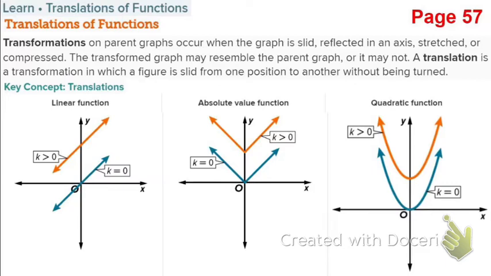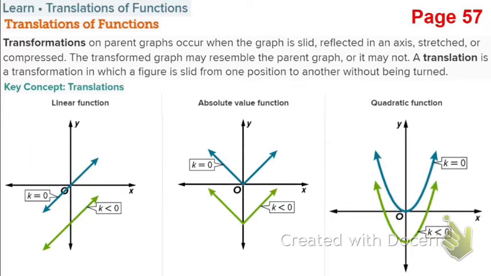If they have been shifted up, then our K value is going to be some number that is bigger than 0. So if I shifted it down, what do you think my K value would be? Less than 0. If we shift it down, K is going to be less than 0. So K is if I'm shifting things up or down, and I'll show you where we write that in our equations.